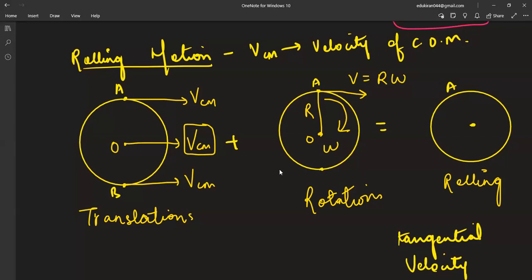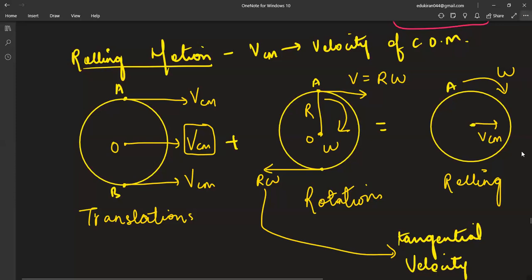Similarly, at this point also, velocity will be tangential. Velocity is acting backwards, then only it is able to rotate. This is r omega. This is v is equal to r omega at this point, tangent, and at this point. But when we talk about rotational motion, this is actually the tangential velocity. When we talk about rolling motion, there is velocity of the center of mass also occurring, right? And because of rotation, r omega is also present.